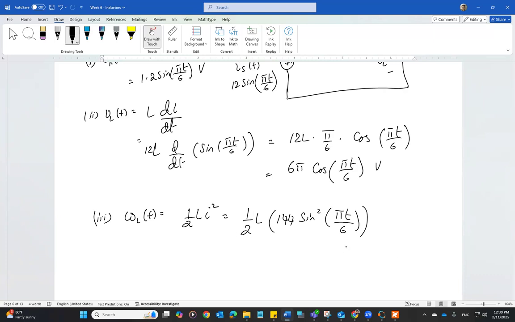And then that can be simplified. Energy is in joule, and then you can put down any value, any time instant to find energy value at that time instant.